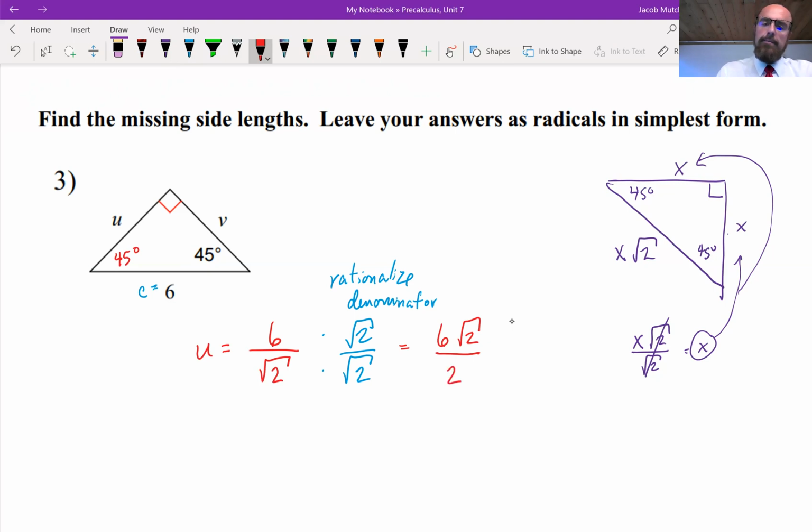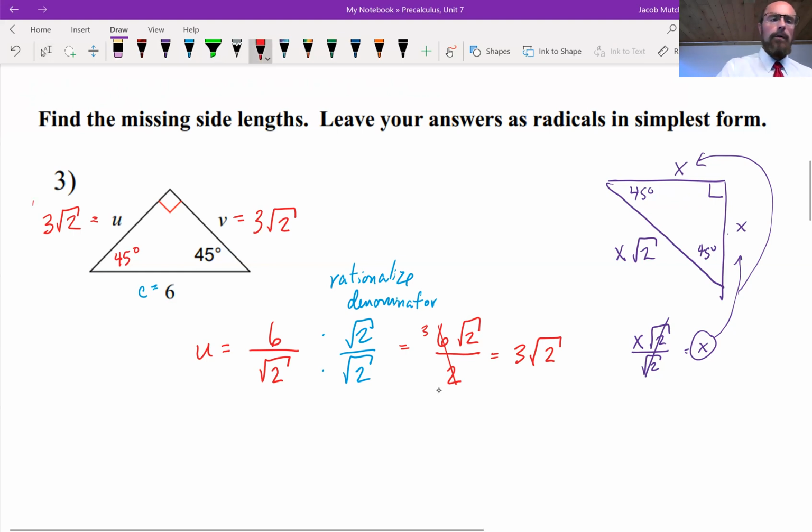And then 6 divided by 2 is going to reduce to 3. And we get the value 3 times the square root of 2. And that's the value for both u and v, because remember on the 45, 45, 90, those side lengths are the same. Go ahead and box those.